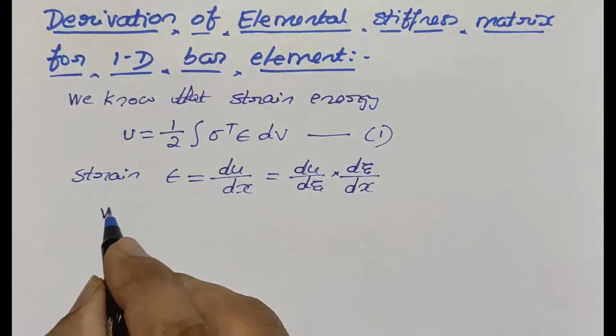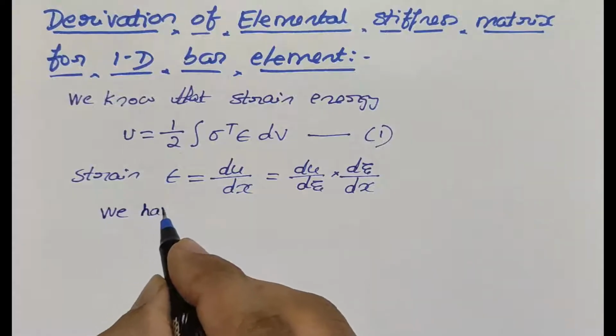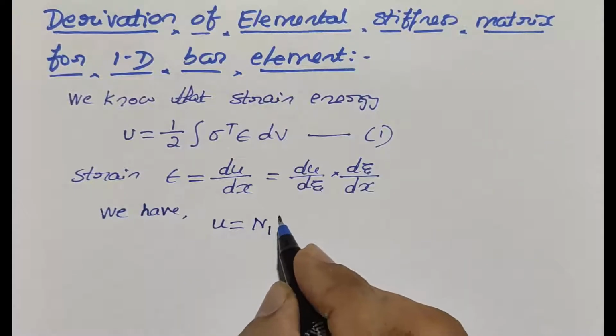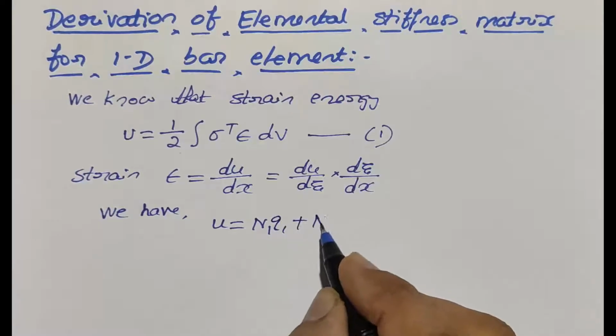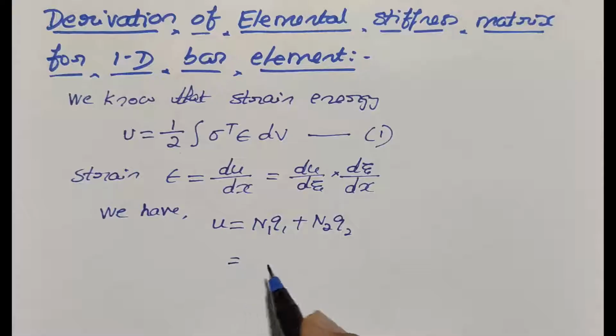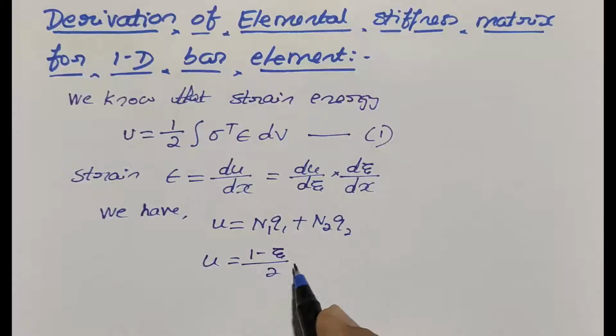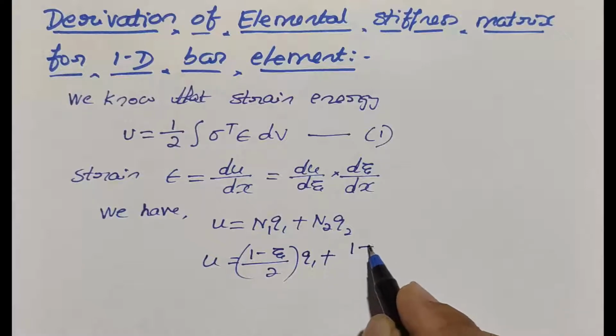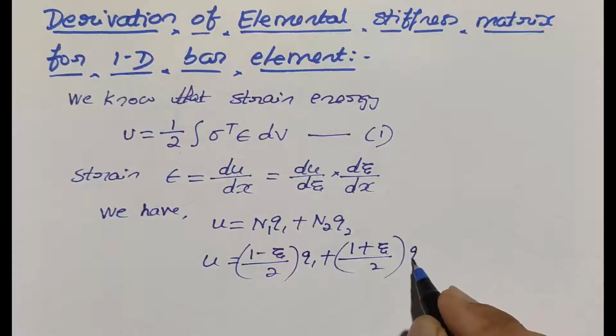See, we have u is equal to n1 q1 plus n2 q2, or u is equal to n1 is 1 minus zeta by 2 into q1 plus n2 is 1 plus zeta by 2 into q2.